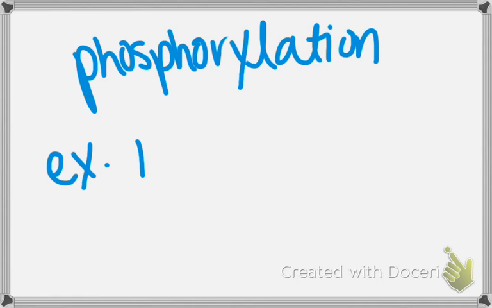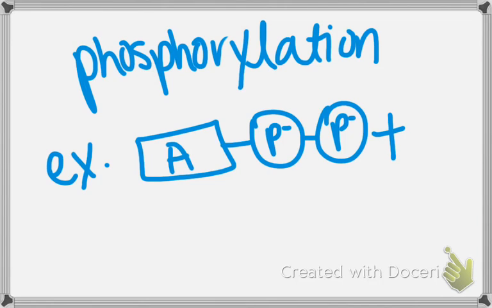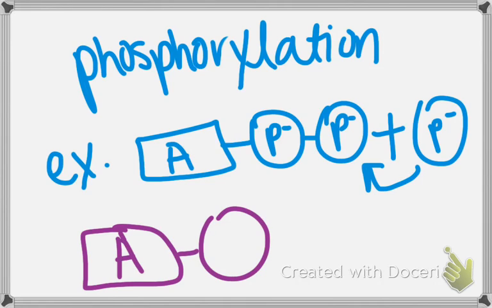Draw this out there. This would be like ADP, adenosine diphosphate. Let's say that you added a P. Because you're adding that P to the molecule, that's phosphorylation. You're adding a phosphorus. And then it's going to turn into adenosine triphosphate again.